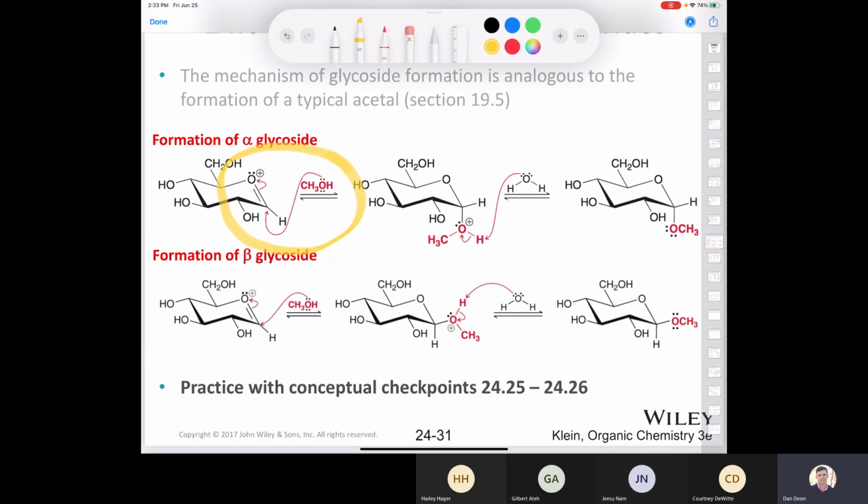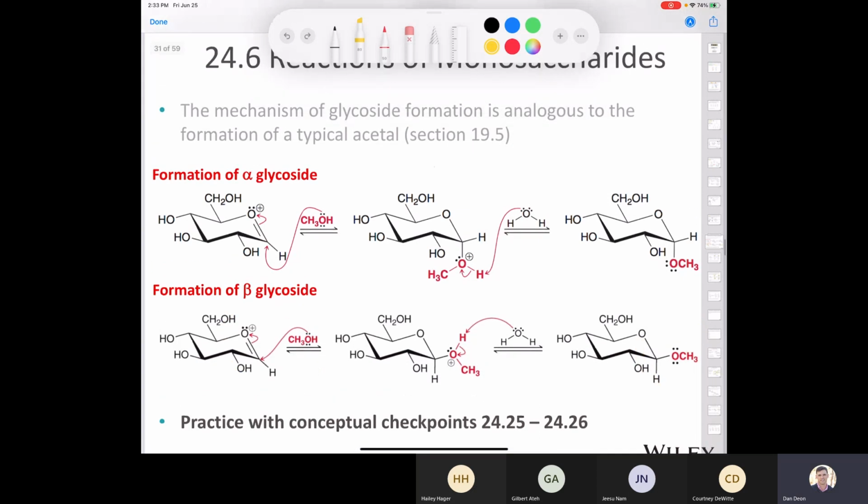And then the methoxy group ends up on the bottom to produce the alpha anomer, or it can attack from the top face of the ring so that your methoxy group ends up on the top and you end up with the beta anomer, the beta glycoside. So this explains why we get a mixture of the alpha and the beta glycoside just by taking a peek at this little mechanism here.